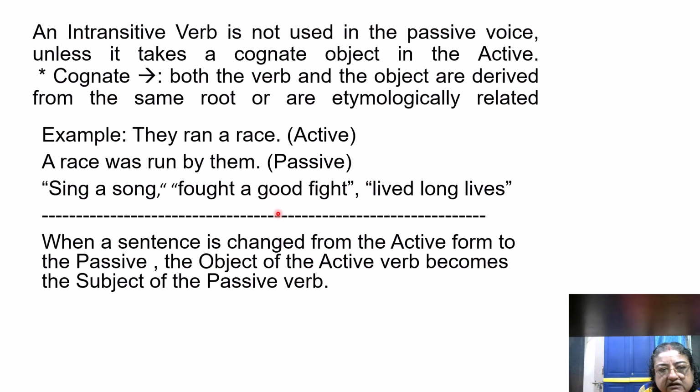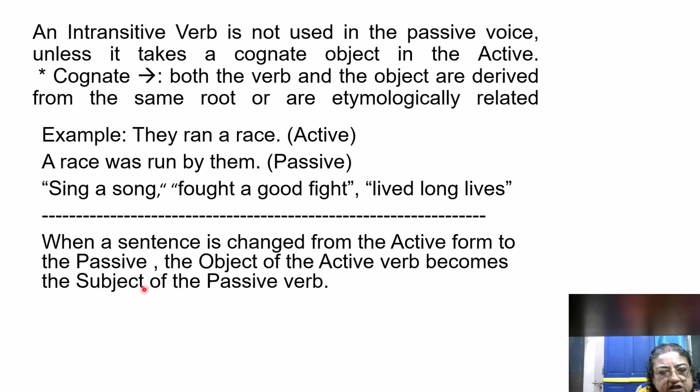Otherwise, other intransitive verbs you can't change into passive, because there is no object, no cognate object. Only for completion of the sentence they have used some word, but that word is not at all an object. That word has no relation with the verb, not having the same root.